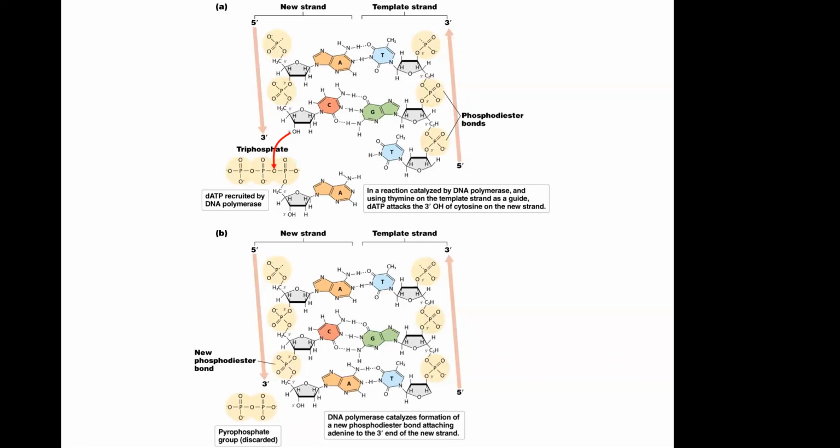It will attach this, and the attachment happens chemically by catalyzing the 3' hydroxyl to attach to the alpha phosphate, between the alpha and the beta phosphates. So you're going to break this bond between the O and the P and reform a bond between the O and the P. And breaking that bond, it's a high energy bond.